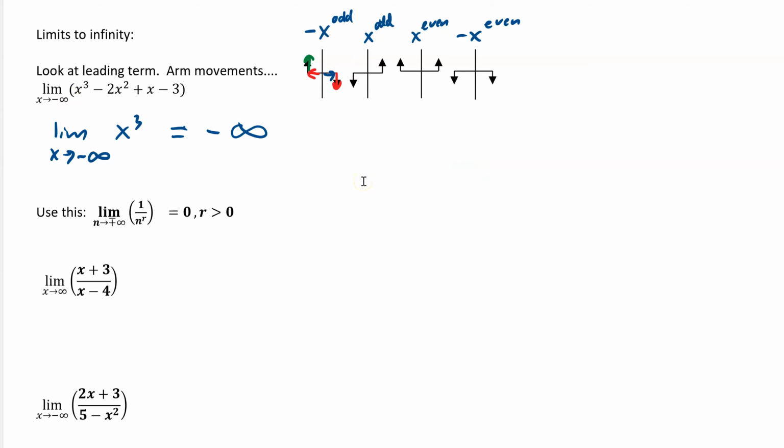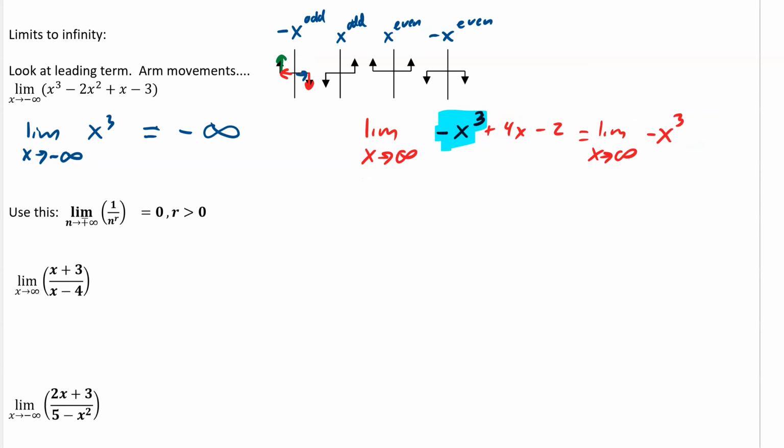So if we have the limit as x approaches infinity of negative x cubed plus 4x minus 2, all you have to do is focus on the first term. So this is going to equal the limit as x approaches infinity of negative x cubed. And what does negative x cubed look like?